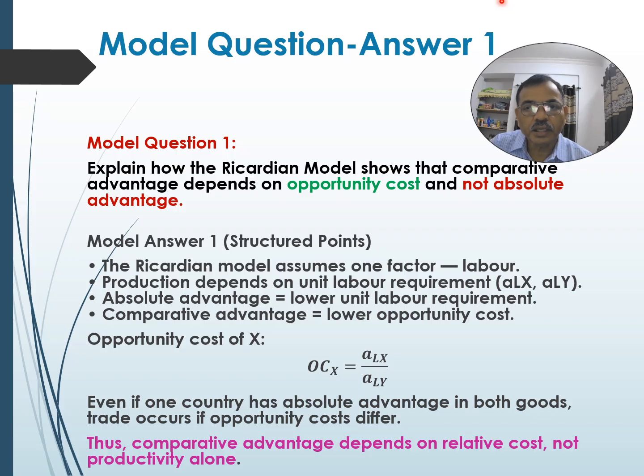Even if a country has lower labor requirements in both goods, it will specialize only in the good with relatively lower opportunity cost. Therefore, the Ricardian model clearly demonstrates that trade is driven by opportunity cost differences, not by differences in absolute productivity.